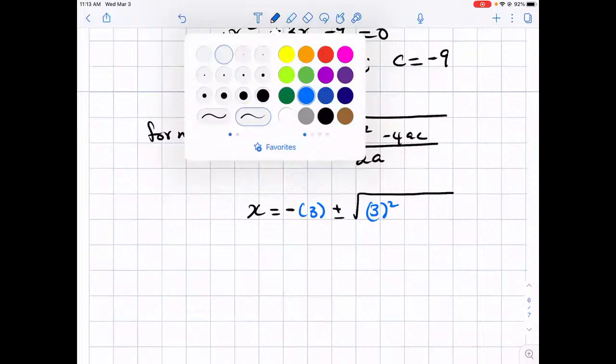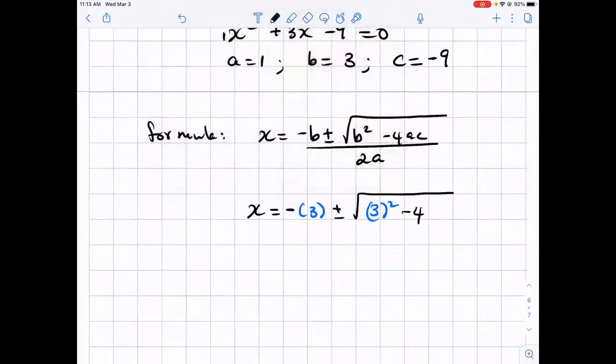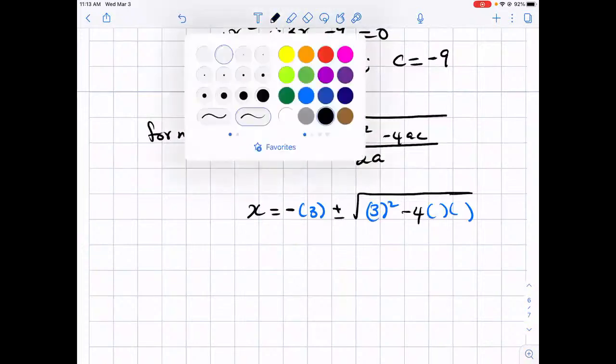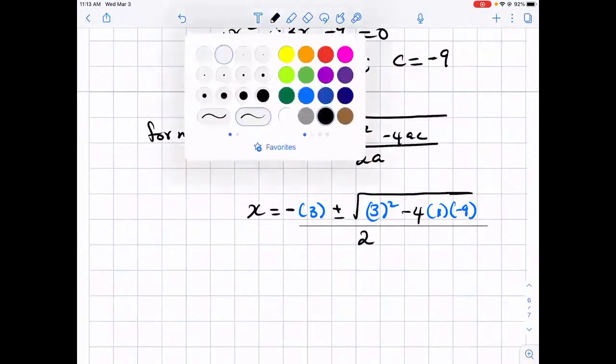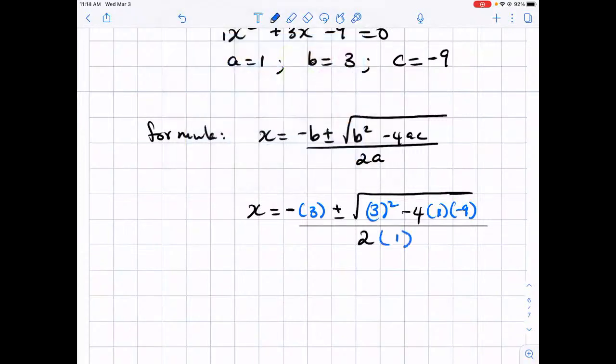And then minus 4, and instead of a and c we put the numbers. For a, we have 1, and for c, we have minus 9. So it's 4ac. Divide that by 2, and instead of a, we write 1.